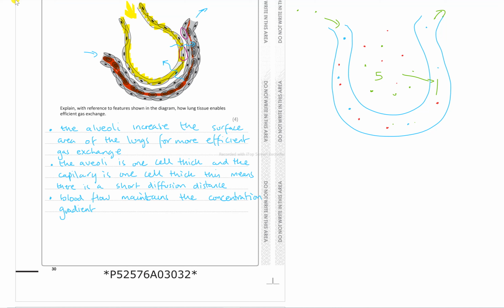So what happens is the stuff that's moved in goes. So now you've got the concentration gradient again. So now diffusion continues. So that's what that means there.